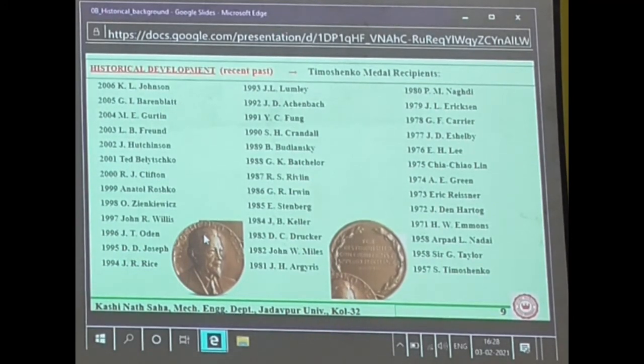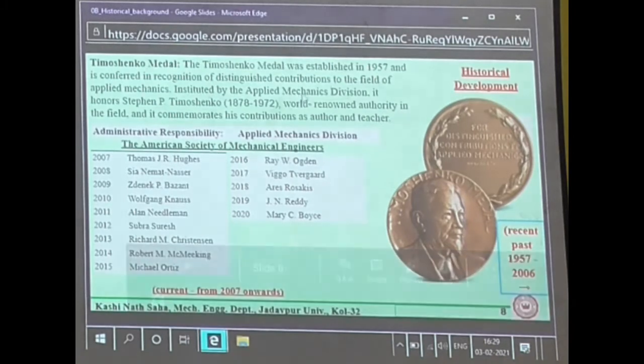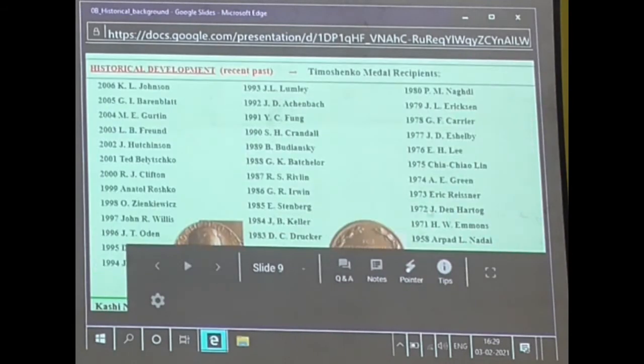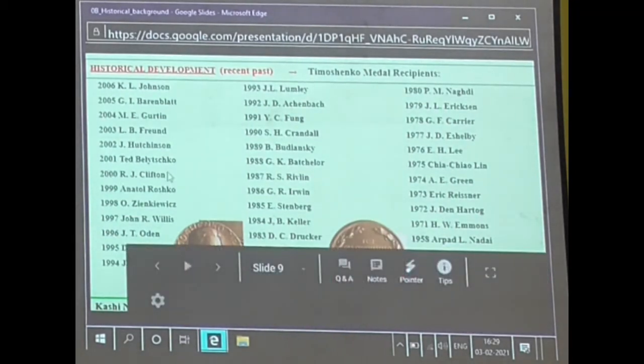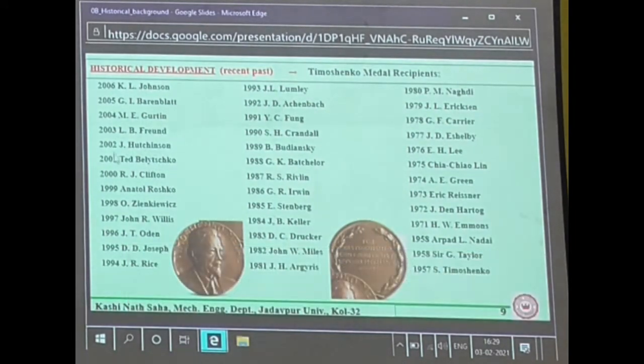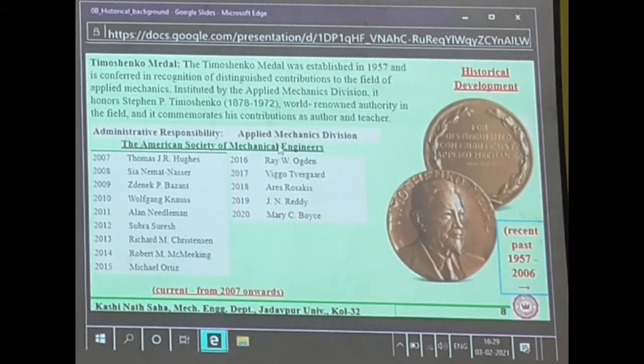So there is an award. This award is given by the Applied Mechanics Division of the ASME, American Society of Mechanical Engineers. They give this award from 1957. And you understand, from the 1950s, about the middle of the 20th century towards the end of it, and in recent times, starting from 2001, these are the scientists who got that award for their contribution in the area of mechanics.